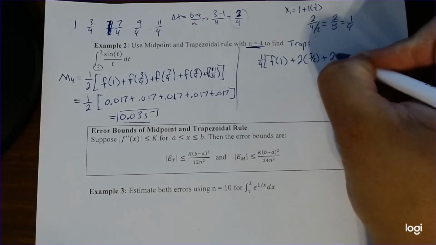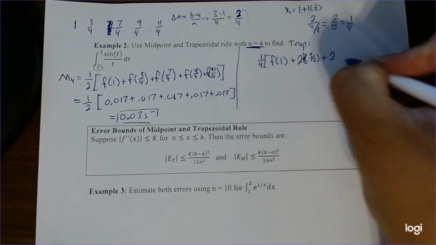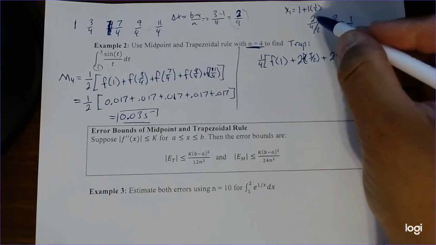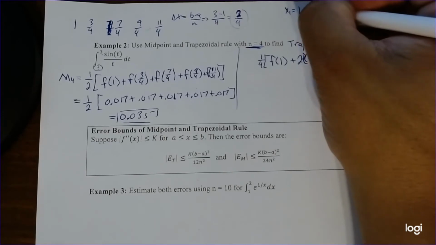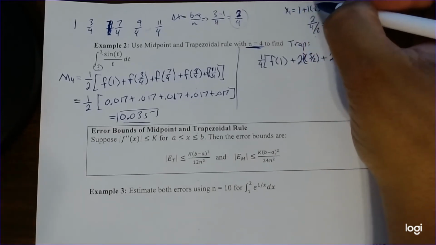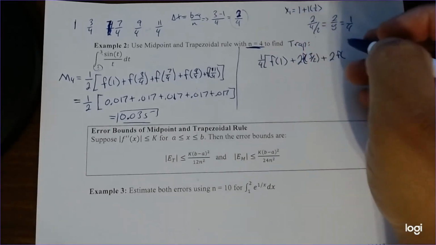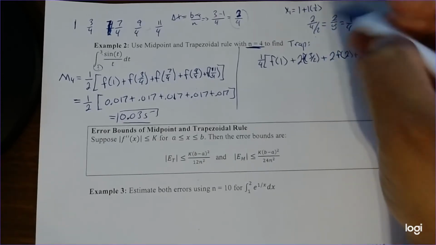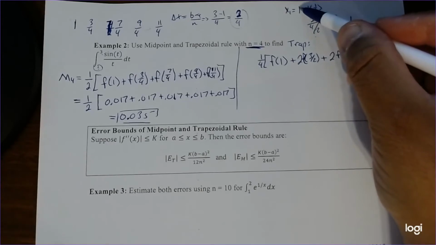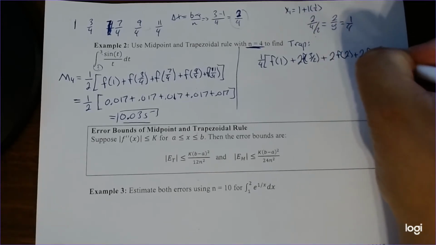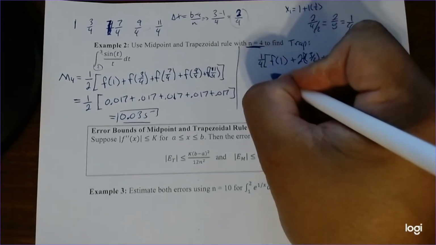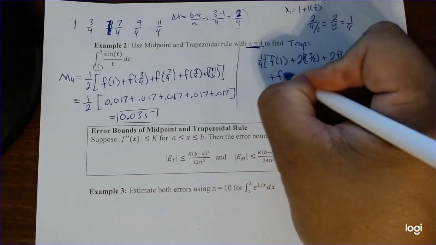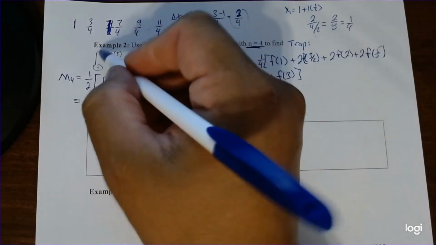Keep going. Same thing. This is now a 2 instead. So 2 times 2 is just 1. Plug in 3. This is 3/2 plus 1. That's going to give you 5/2. And then the last one, we know it's going to be f of 3. That's our starting point, end point there.